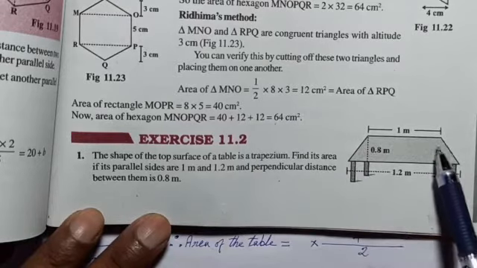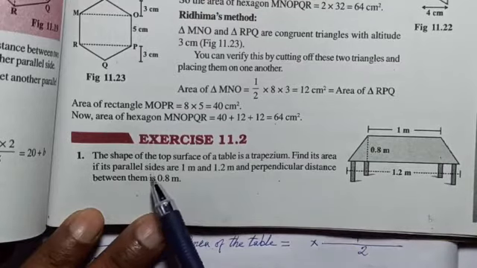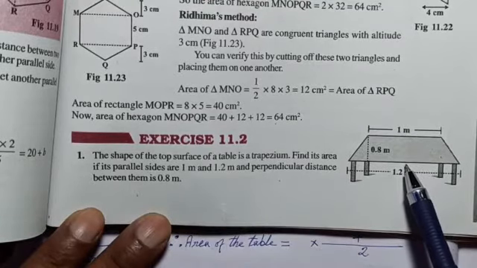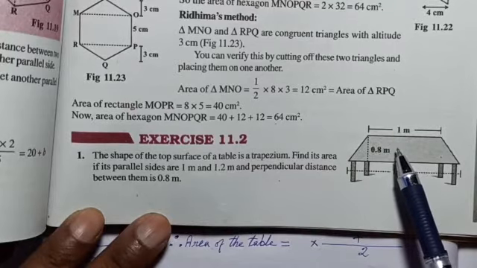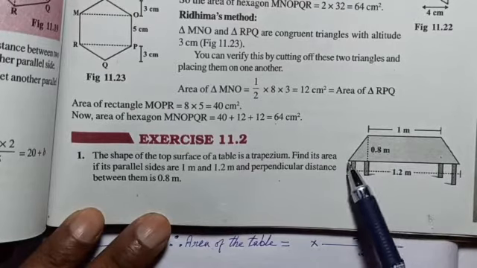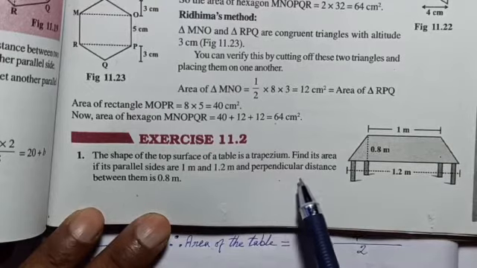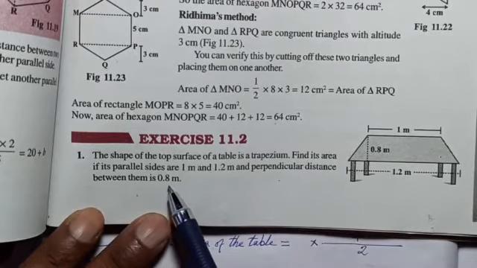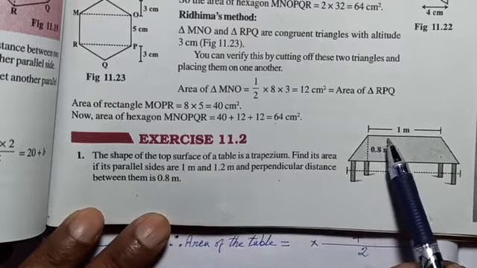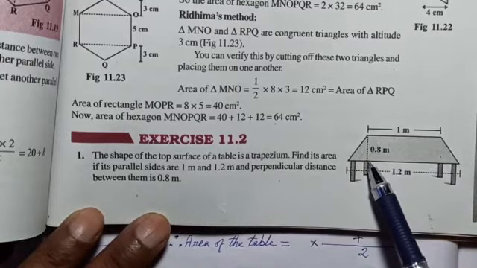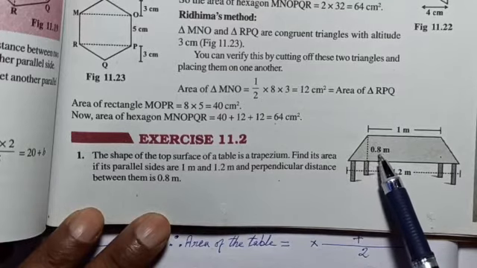If its parallel sides are 1 meter and 1.2 meter, here this side and this side are parallel sides, the lengths of the parallel sides are 1 meter and 1.2 meter, and the perpendicular distance between them is 0.8 meter. So the distance between the parallel sides is 0.8 meter.